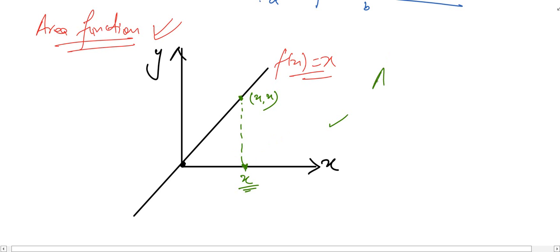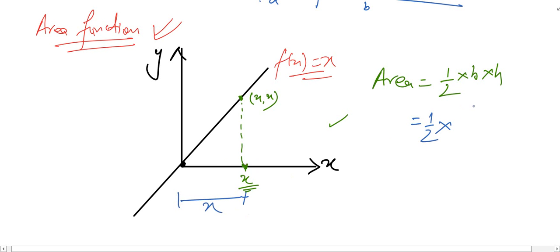So now if we try to compute the area, what would we get? We would get half into base into height. Very nice. Half into base into height. So half is there. What is the base? The length of this part is x. Very nice. What's the height?